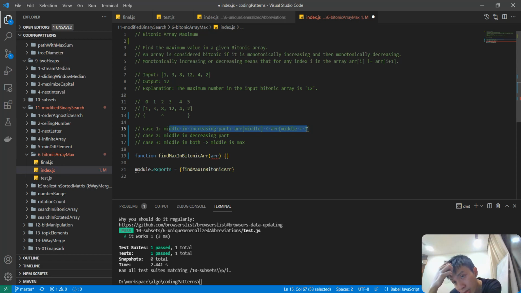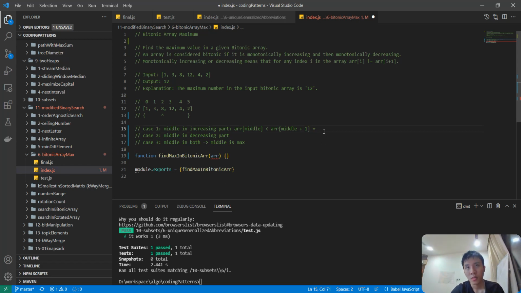It means that we can further limit our range, because now the middle is on the increasing part, so the maximum number will for sure be on the right of the current number, the middle one.